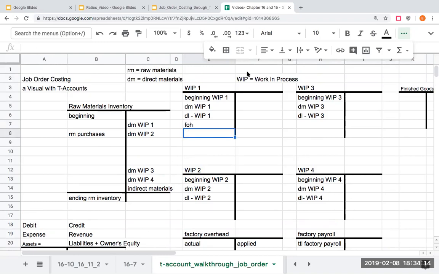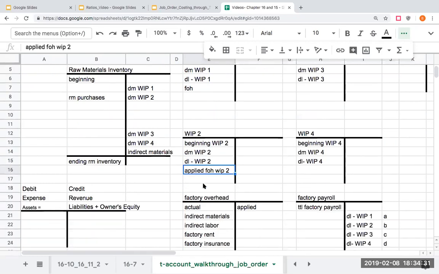So up here, FOH, factory overhead. So what I'm going to do is apply factory overhead over here, and this might be on the basis of direct labor cost.